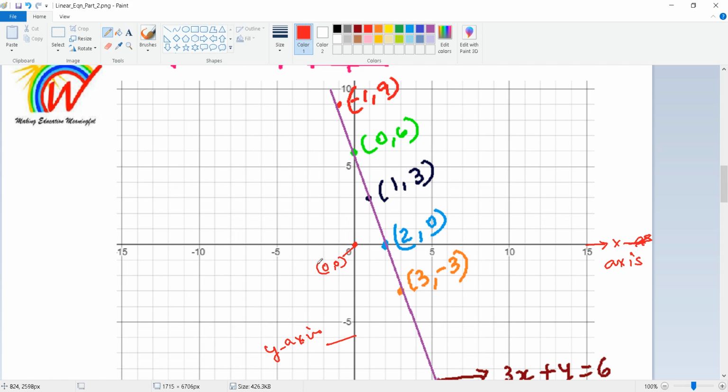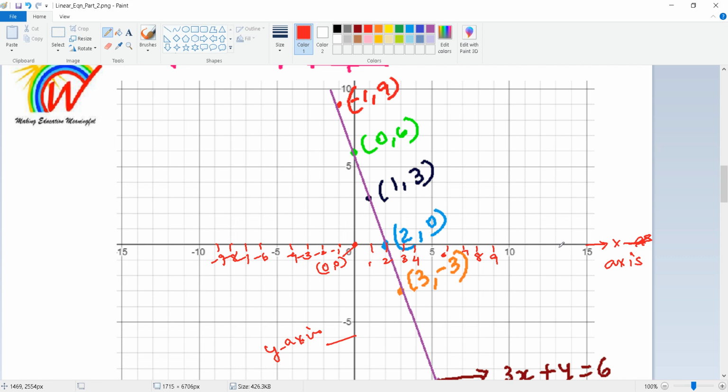Then comes the second. Here you have minus 1, minus 2, minus 3, minus 4 and minus 5. Then you get minus 6, minus 7, minus 8, minus 9 and minus 10. This side you will have 1, 2, 3, 4, 5, 6, 7, 8, 9, 10 and it goes on.